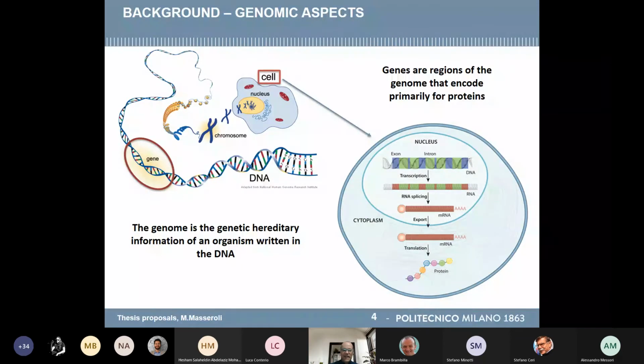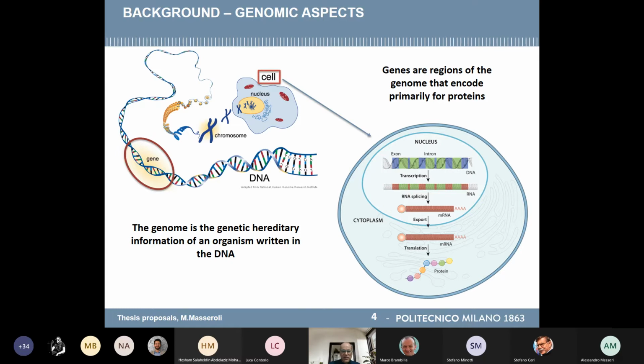And within this long sequence, there are subsequences that are the genes, which are very important because, in particular, the protein coding genes encode the information for producing within each cell of our organism first the RNA and then the sequence of amino acids that characterize the proteins. Proteins provide the phenotypic and functional characteristics of each cell, so that they provide the functionality that enables our organism to work as it does typically.